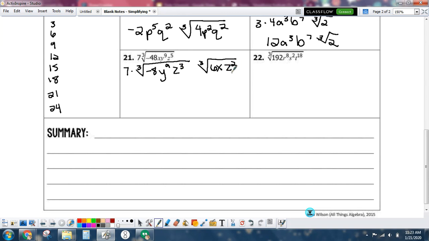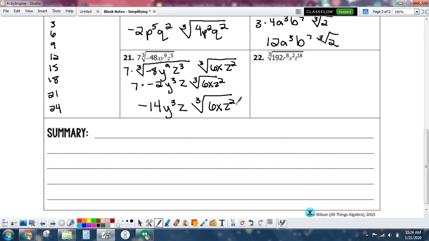All right, so then I can go ahead and simplify, and this is going to get me to negative 2. 9 divided by 3 is 3. 3 divided by 3 is 1. Bring down the rest. All right, and then 7 times negative 2 is negative 14. Y cubed z, and then cube roots of 6x z squared.